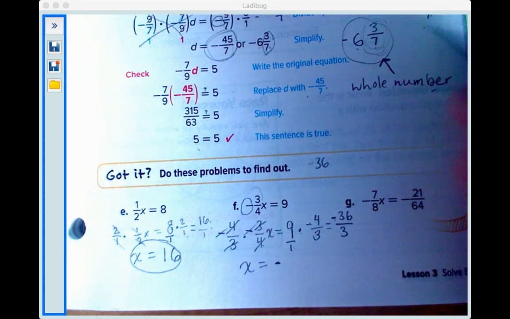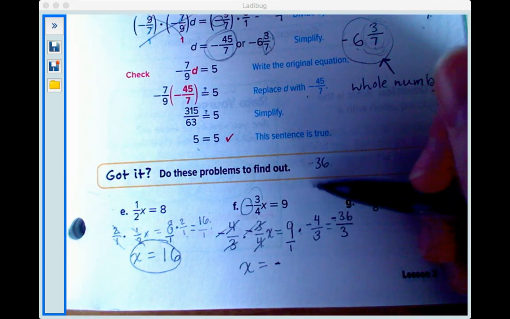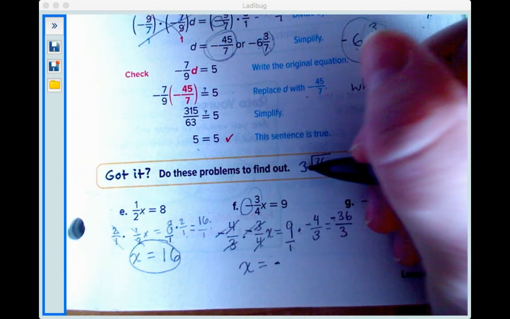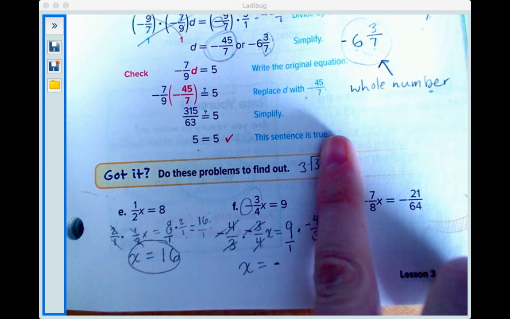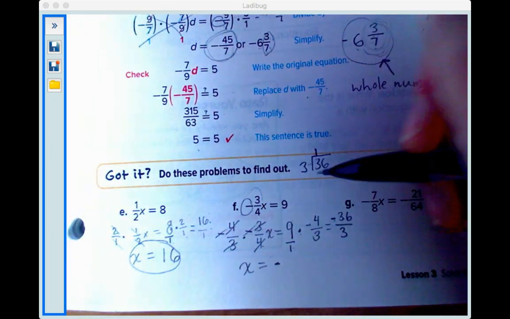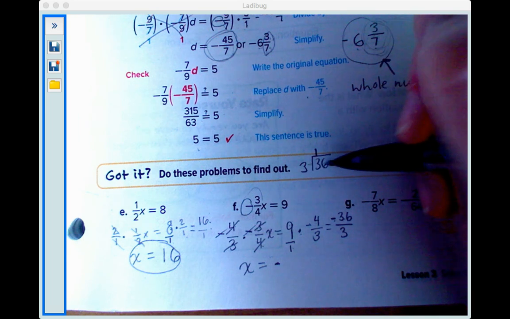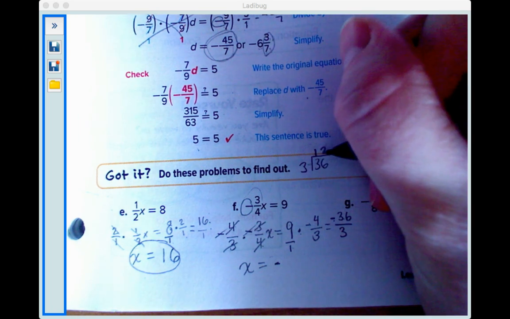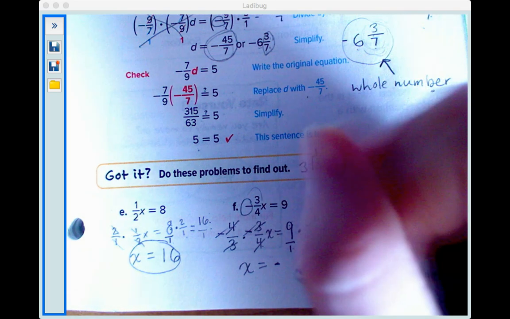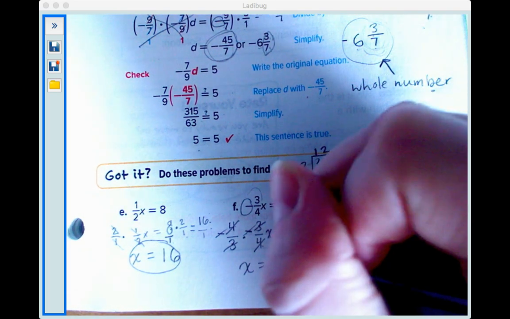It's just 36 divided by 3, so a negative is our answer. 3 divided by 3 is 1. 6 divided by 3 is 2. -36 divided by 3 is -12.